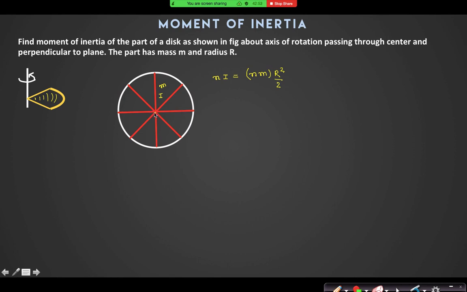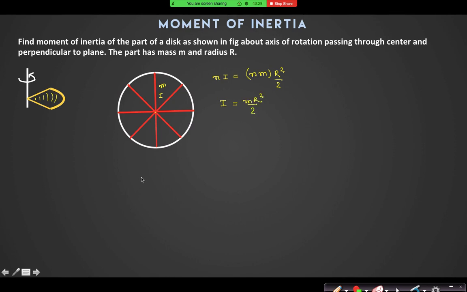About this axis perpendicular to the plane, if I rotate that disk, what is the moment of inertia of the disk about this axis perpendicular to the plane? Is it mr square by 2 only or not? But what is the total mass of the disk? Is it n times m or not? And if each segment has a moment of inertia I, then for n such segments, the moment of inertia will be n into I. So what is the moment of inertia I?